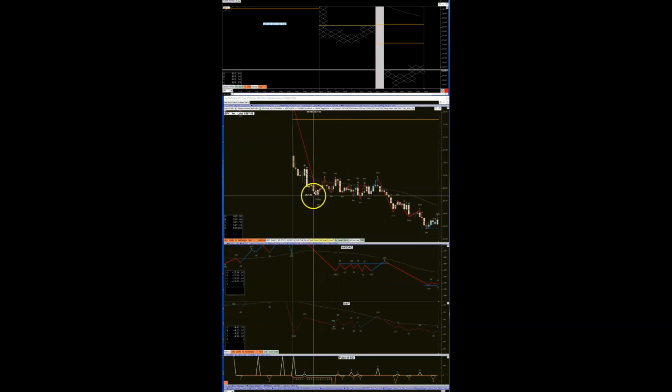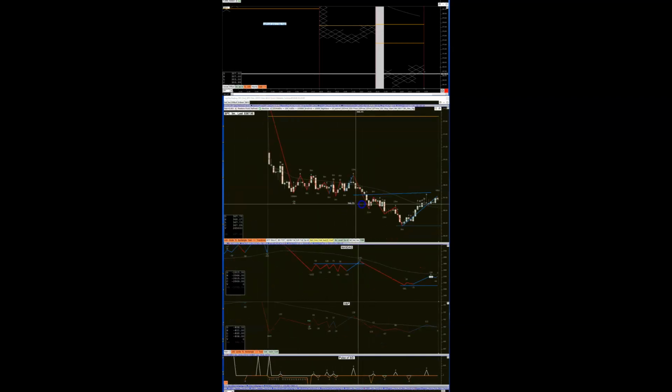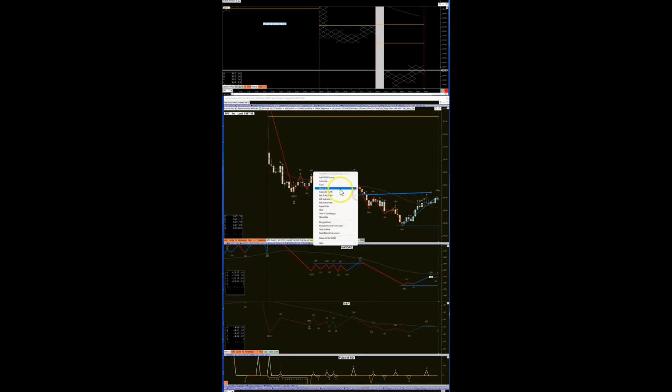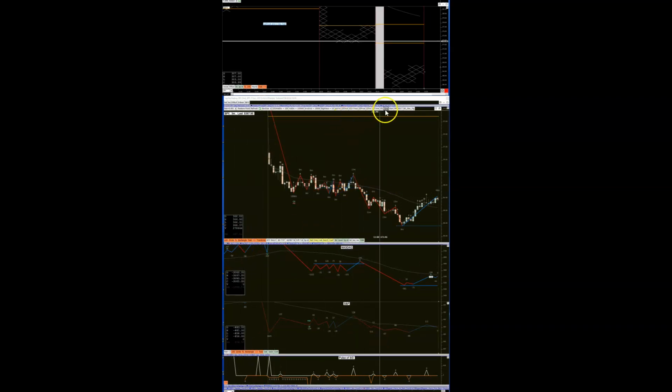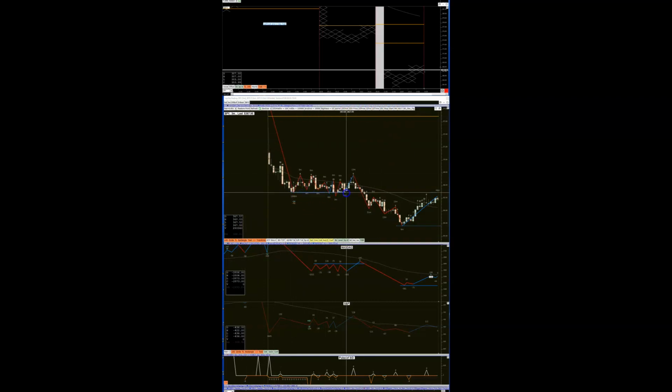You see this low? Right? That low took out the prior low, so it was used to bring in shorts.